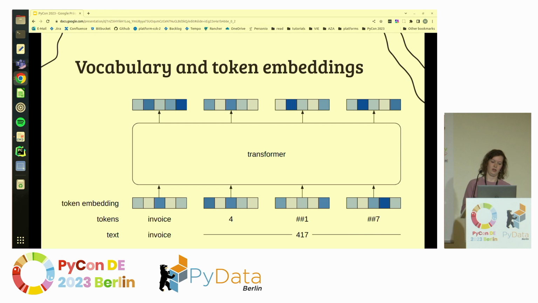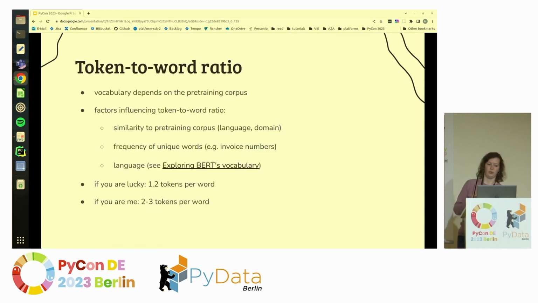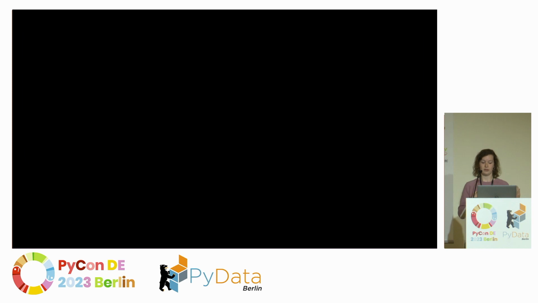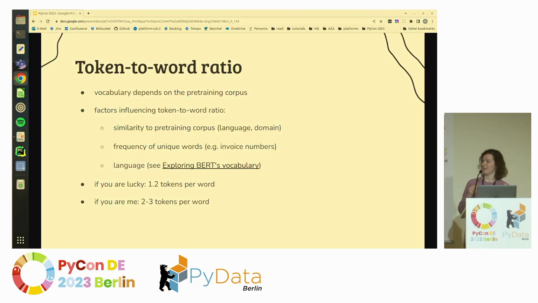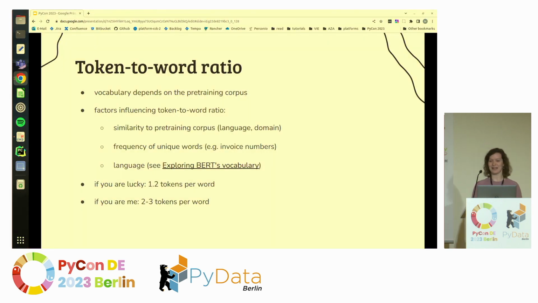So how does this token to word ratio look in general? For that, you have to know that the vocabulary depends on the pre-training corpus. So it is selected to represent the pre-training corpus well. The words and subwords that are common in your pre-training corpus will make it into the vocabulary. So now if you take this pre-trained model with its fixed vocabulary and apply it on new data, the token to word ratio depends on multiple factors.